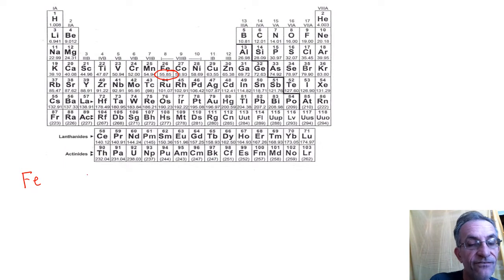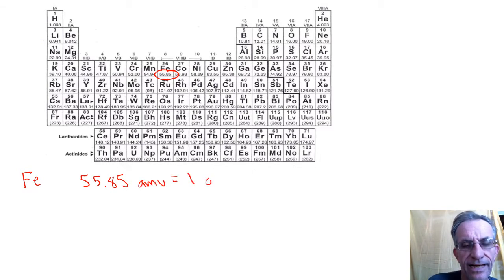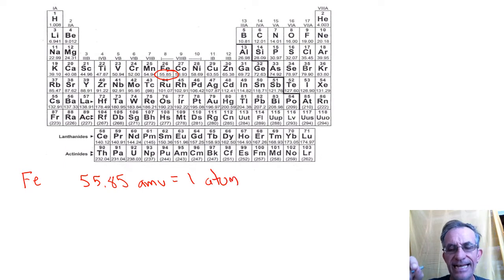So 55.85 is the weight of one atom of iron. Now, what was the unit? 55.85 AMU. That is the weight of one little tiny atom of iron. You couldn't even see the thing. That's how much it weighs, 55.85 AMU.